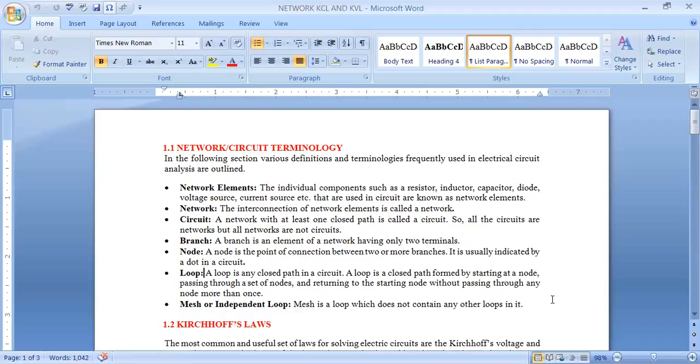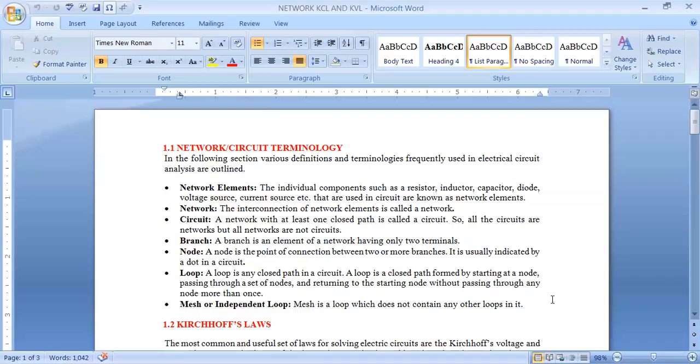We study about the statement and we have to satisfy the statement, KVL and KCL. Clear? Right. So I will ask you some questions on this one. What are the resistive networks?